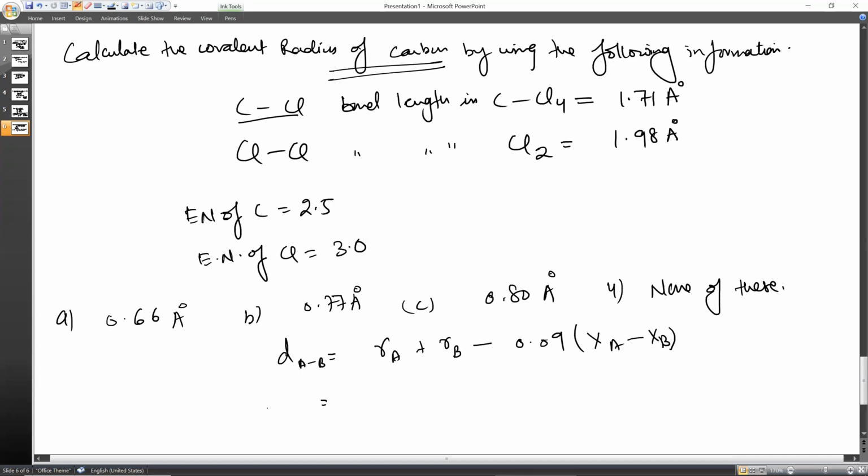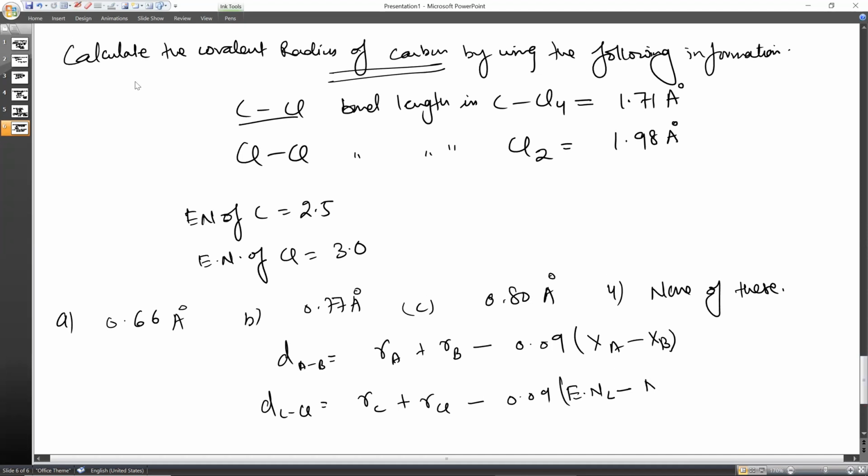So here DCCl is given: RC plus RCl, minus 0.09 into the electronegativity of carbon minus the electronegativity of chlorine.